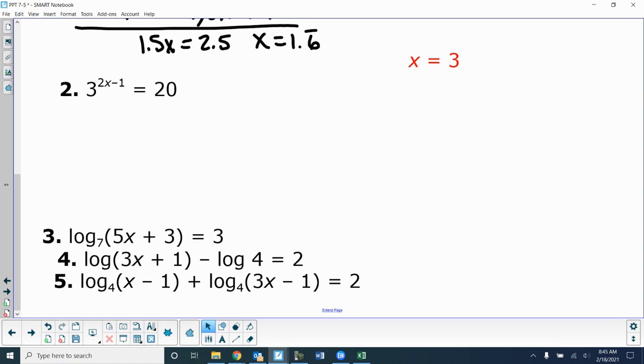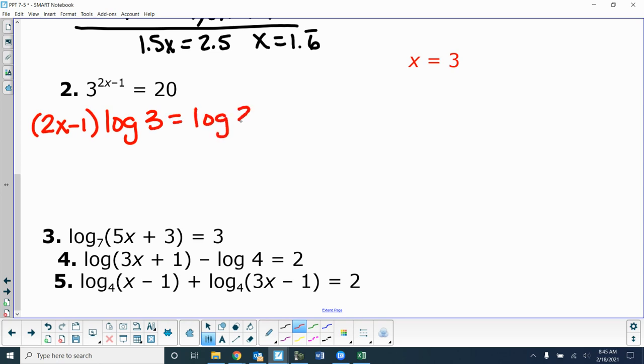So this one we would do the exact same thing. All right, so the 2x minus 1 goes in front of the log of 3 equals the log of 20. And then just divide by log of 3. Always take the one on the left over to the one on the right. It just seems to work out better.